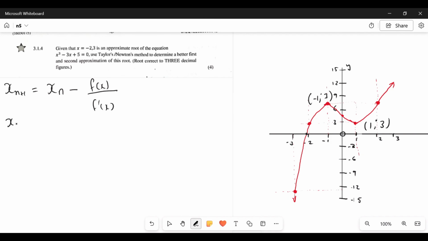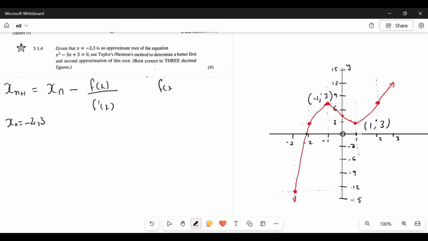Now let's first label here. We have x0. x0 is the one that is given to us, which is negative 2,3. So we need to find x1 and x2. x0 will be part of x n there. So we need to find f of x and f of x prime. First of all, let me write f of x here.